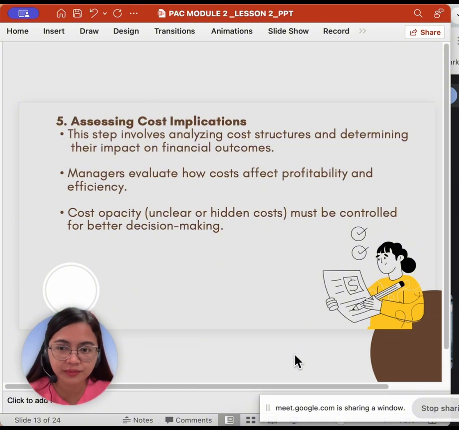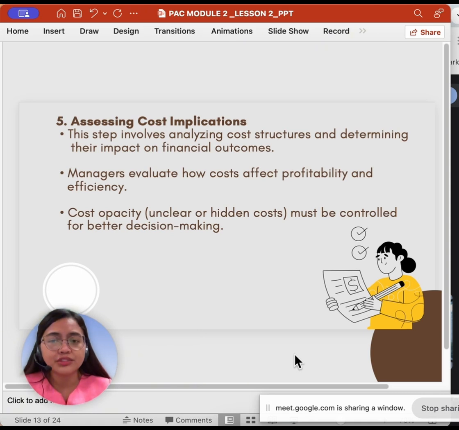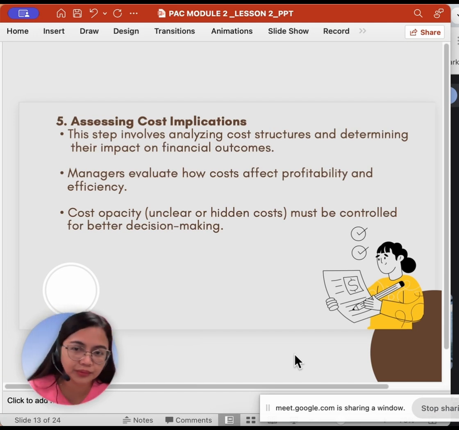Also, cost opacity, or unclear or hidden costs, must be controlled for better decision making. Because managers evaluate whether the business is still running efficiently, whether it is still profitable. If there are hidden costs that you have not recorded and not controlled, it will affect your profitability.